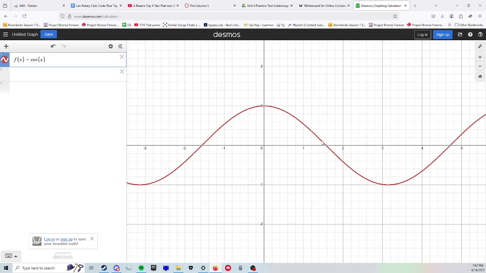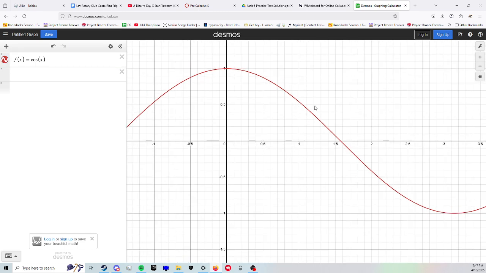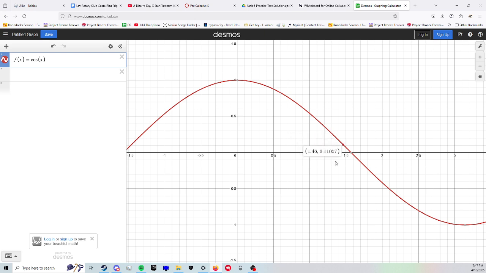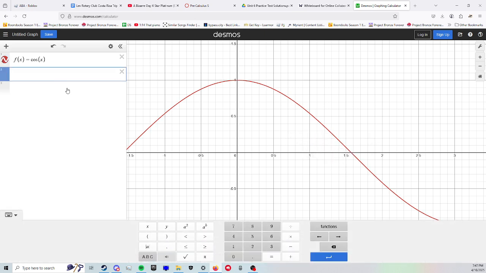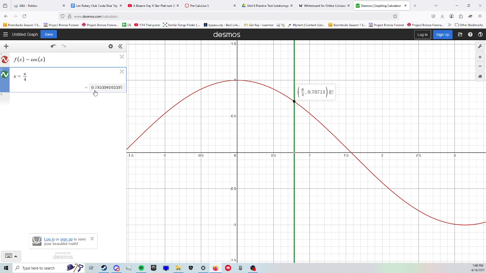Where x equals pi over 2. Alright, pi over 4. We know that with pi over 4 and root 2 over 2.